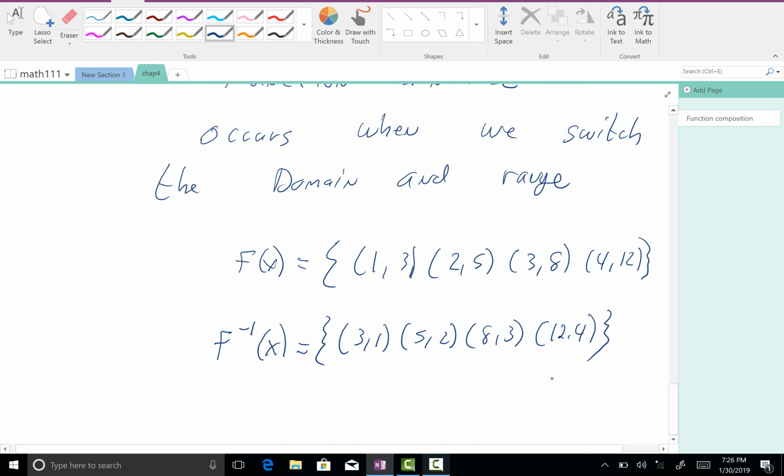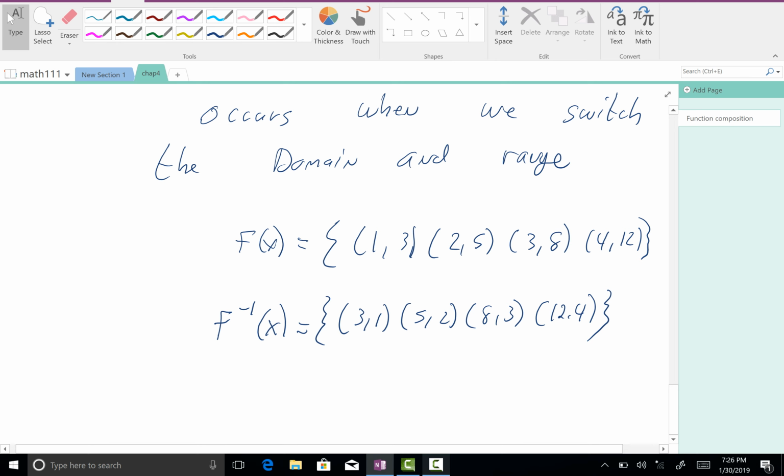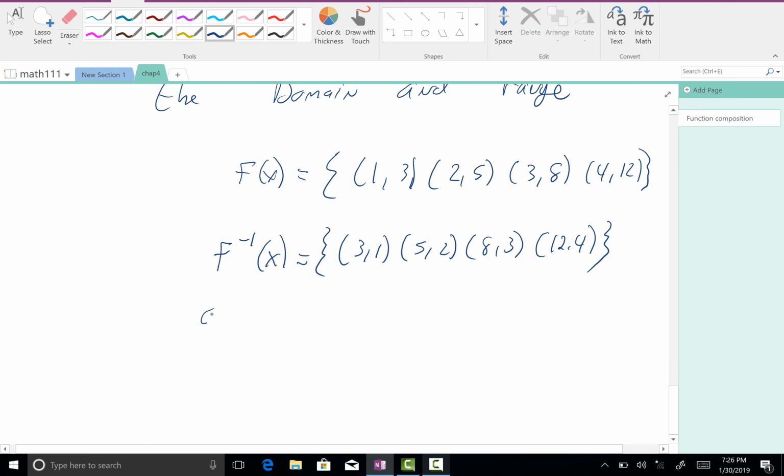So we're switching those around, okay? That's an inverse. We're switching the domain and the range. And those graphs are reflections over the y equals x line.